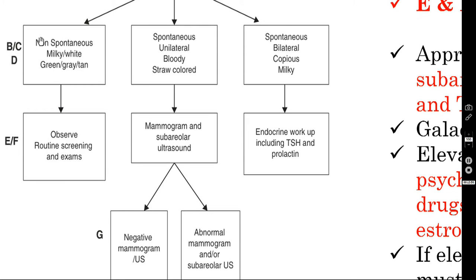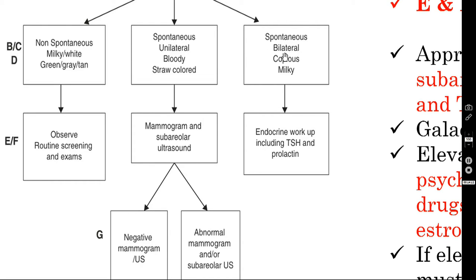See here, they are talking about BCD: non-spontaneous, milky, white, green, gray, or turn. What you have to do? You have to only observe the patient; routine screening and examination only you have to do. If it is spontaneous, unilateral, bloody or straw-colored discharge, then you have to do some investigation.